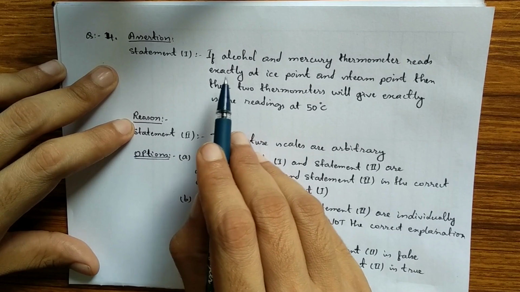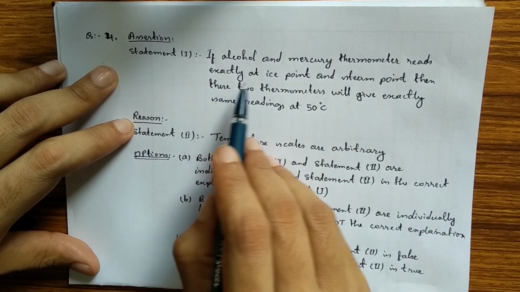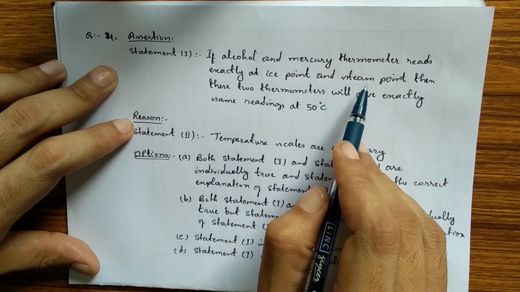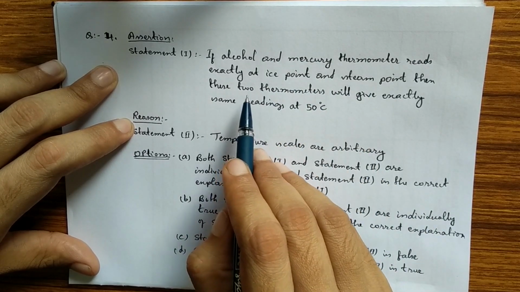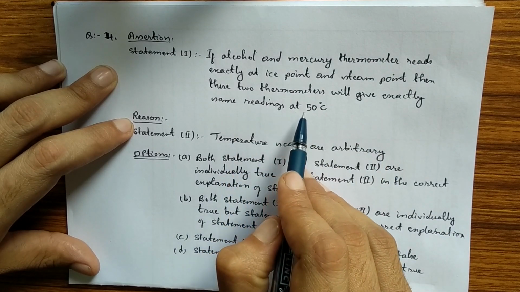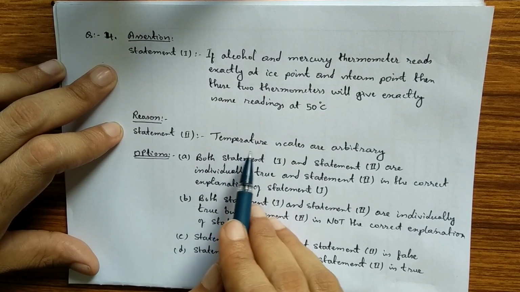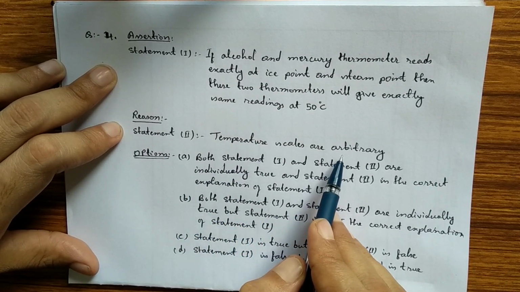Statement 1: If alcohol and mercury thermometers read exactly at ice point and steam point, then these two thermometers will give exactly the same readings at 50 degrees centigrade. And the reason is: temperature scales are arbitrary.